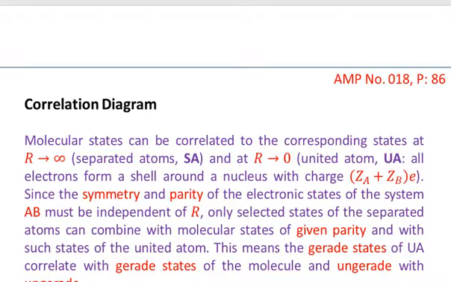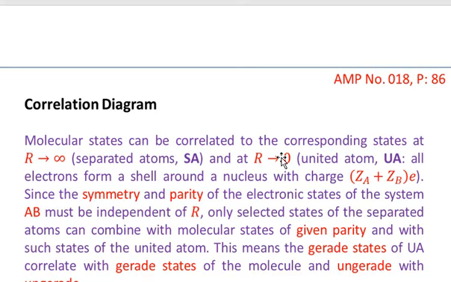And then I have explained the correlation diagram, because it connects any molecular state with the state when R goes to infinity, that is, when the atoms are separated, and with the state when the two atoms converge together at a distance R going to zero, which we refer to as the united atom.